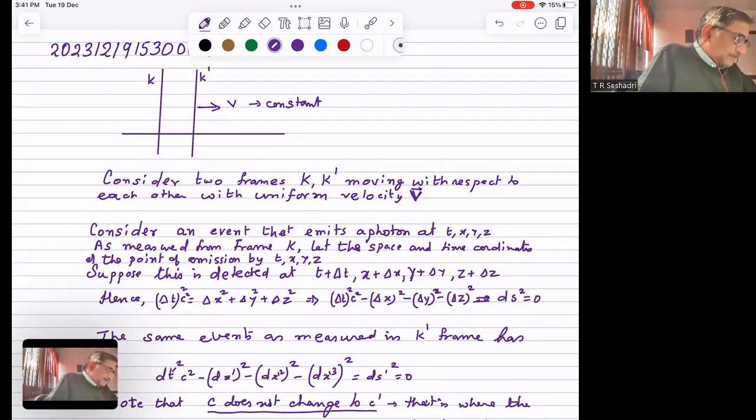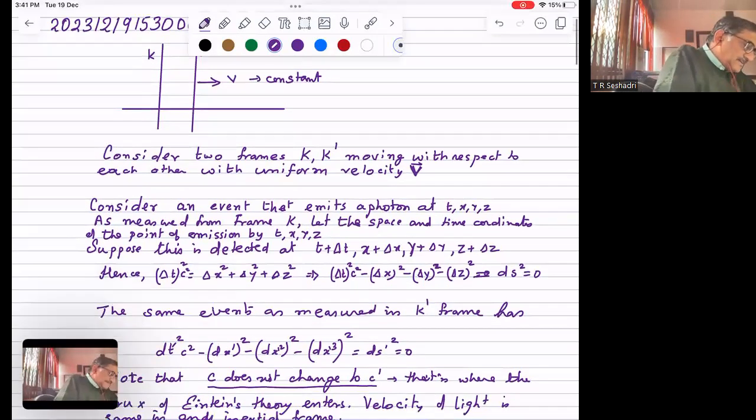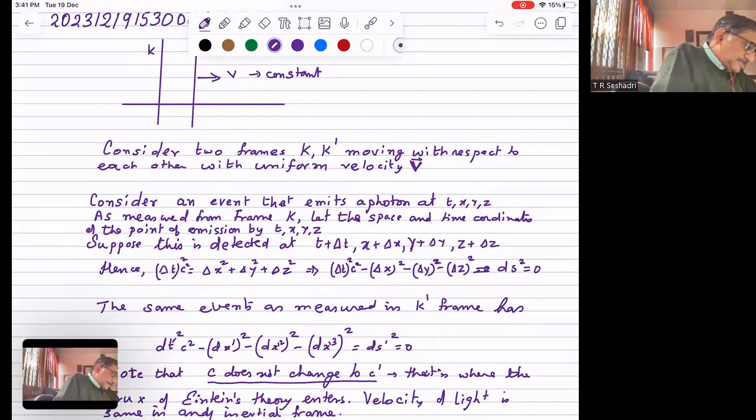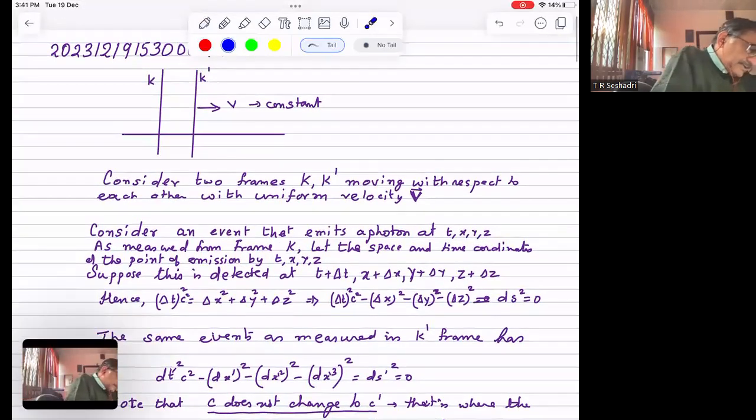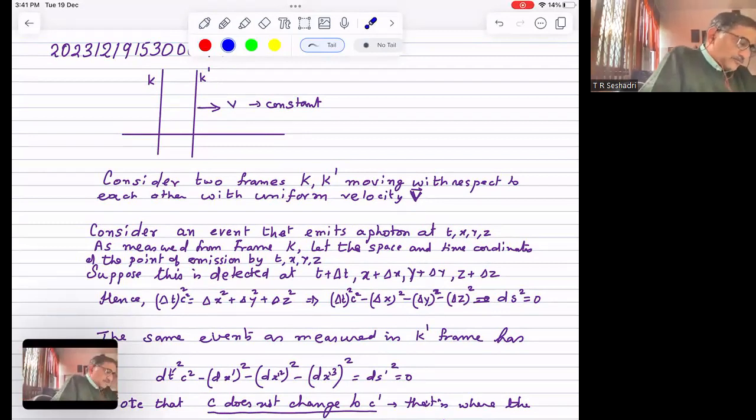And now suppose there is an event which happens in the unprimed frame. It means that at a time t and at a position x, y, z, an event happens, and it can be emission of a photon.